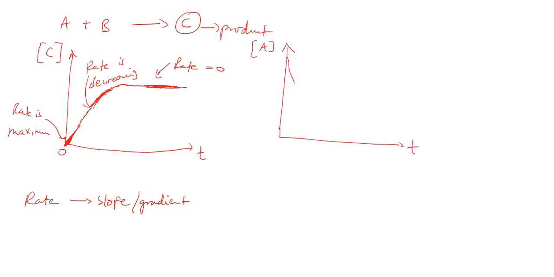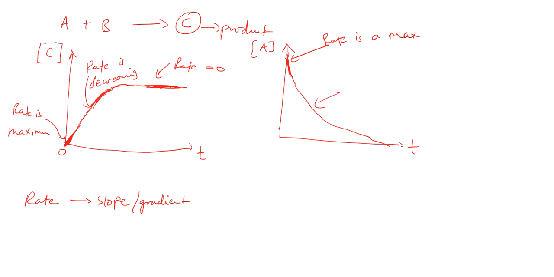What is happening is that the concentration of A will continue to decrease, right? Until eventually A is used up. So again, we need to know that rate is related to the slope of your rate curve. At the start, this is the steepest point here, so at this point, your rate is a maximum.